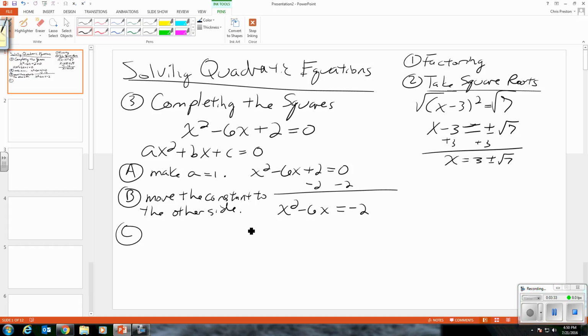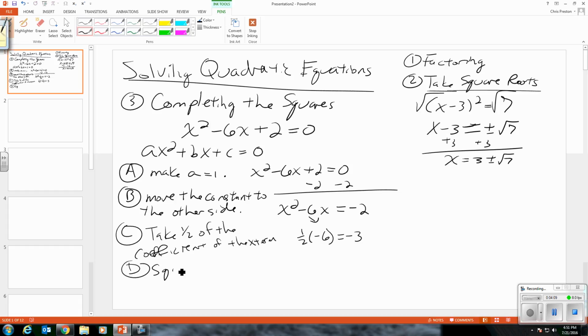The next thing I want to do is take half of the coefficient of the x term. So this negative 6, I'm going to take half of that, which is negative 3.